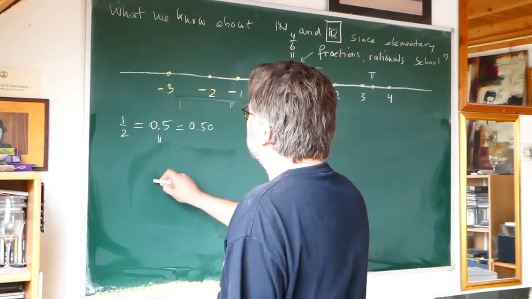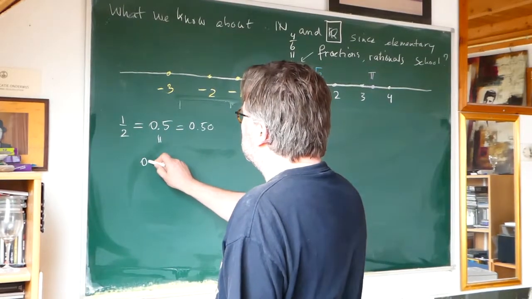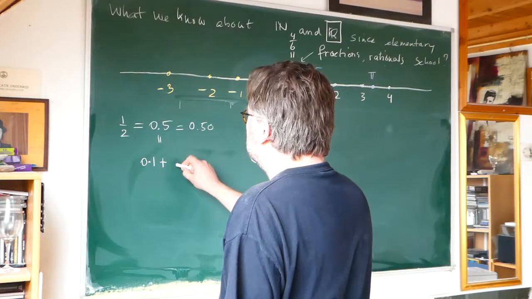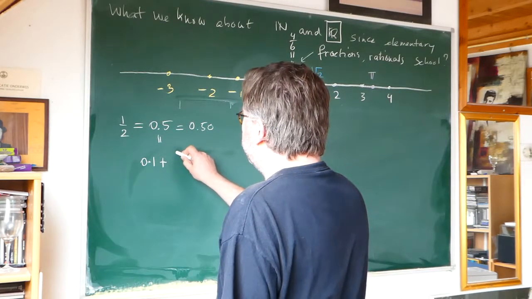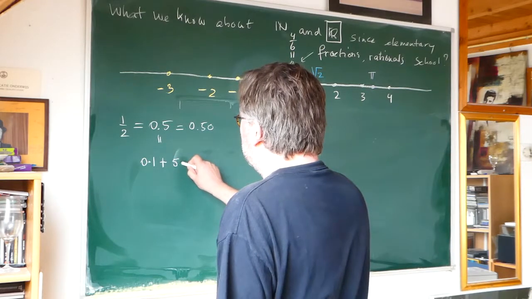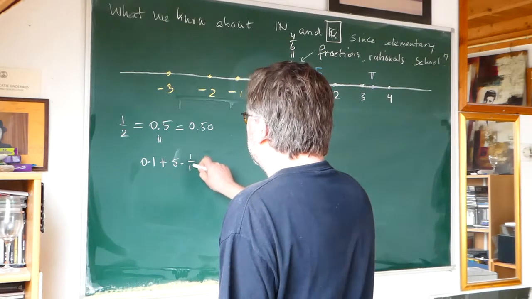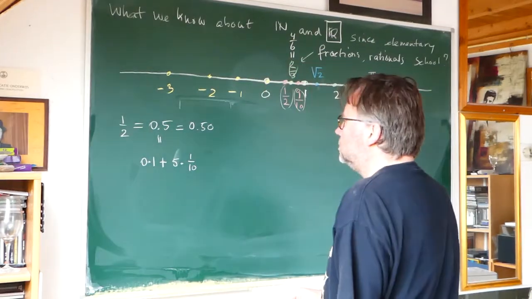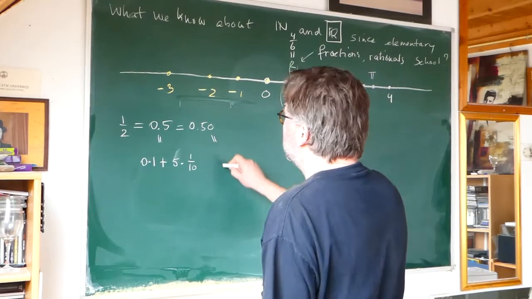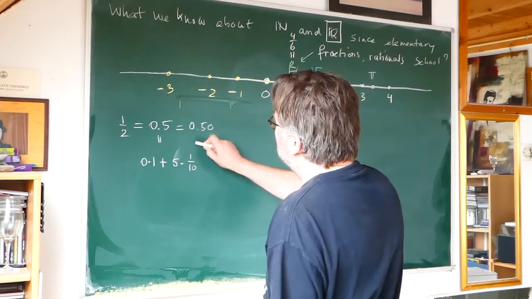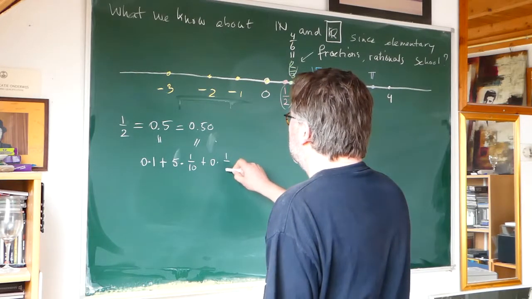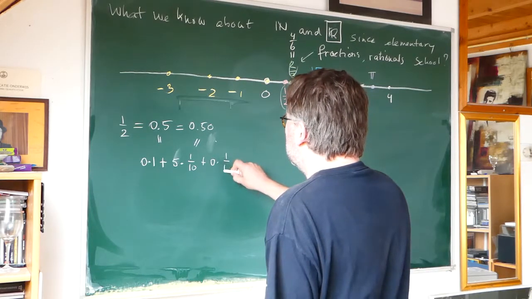This means that this is 0 times 1 plus 5 times 1 over 10. And if I write this, I say that it's equal to the same thing plus 0 times 1 over 10 squared.